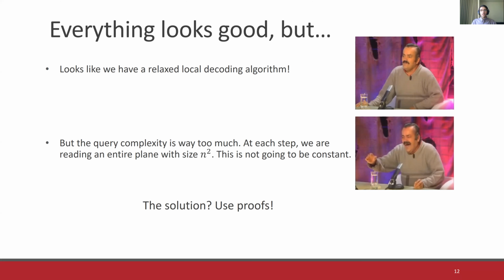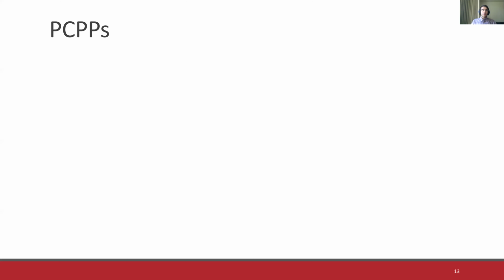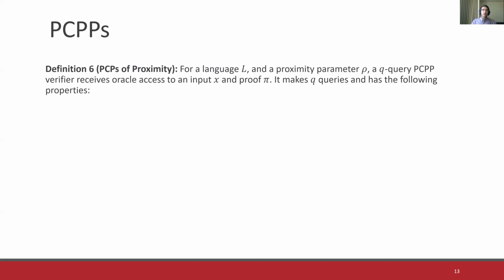So the solution to this issue is to use some proofs. And the proofs that we are going to use are PCPP proofs. So let's define them. For a language L and a proximity parameter rho, we can define a Q-query PCPP verifier, which is an algorithm that receives oracle access to an input X and a proof pi.